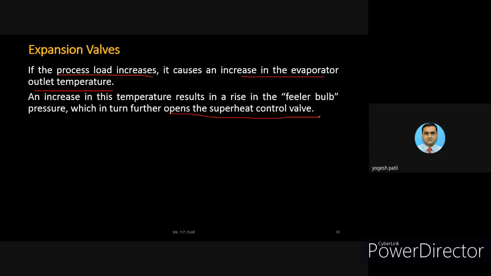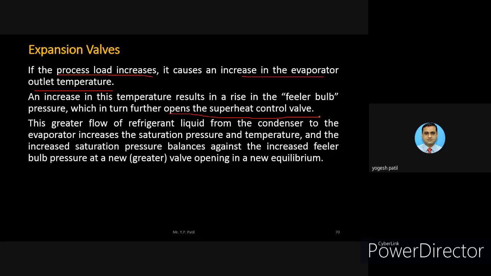So the operation of that control valve depends on the process load, and it is clear from these sentences that as the process load increases, the valve also opens gradually.